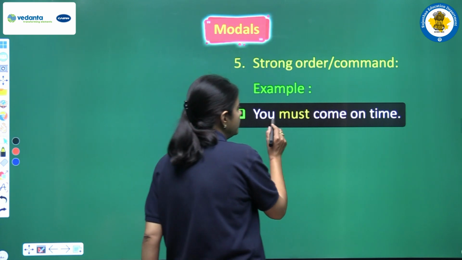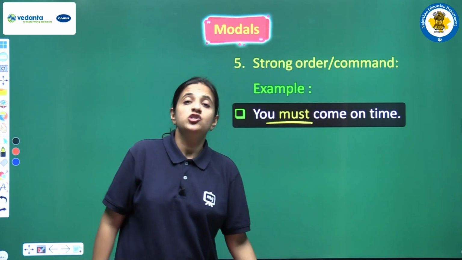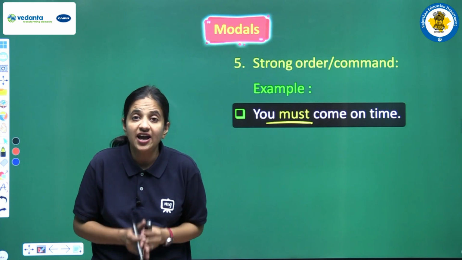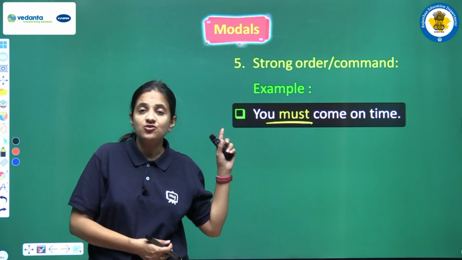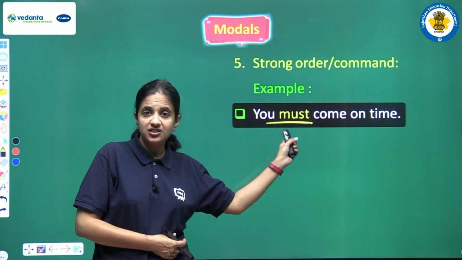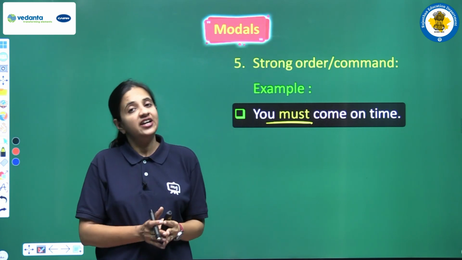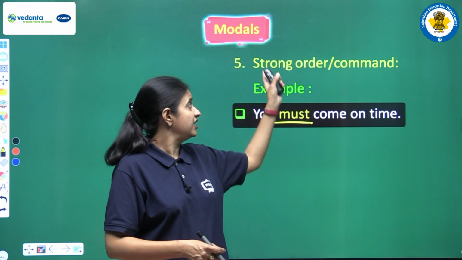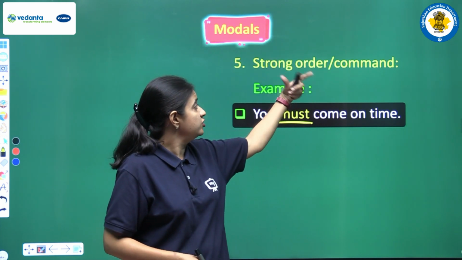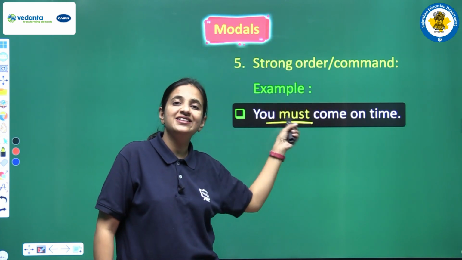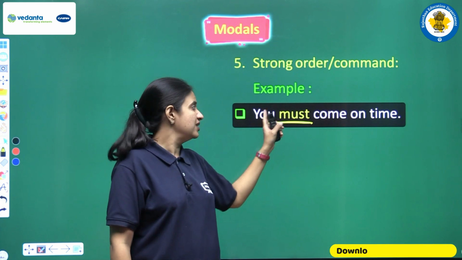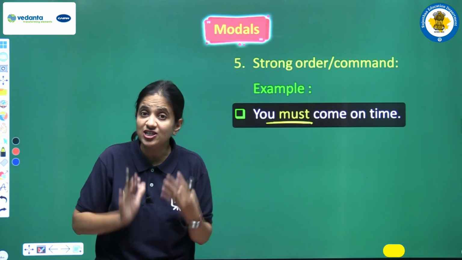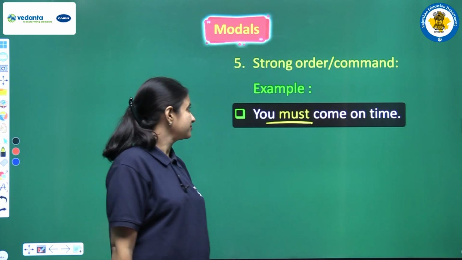If we are telling someone that you must come on time, it means that if he won't come on time, then he has to face the result, because we are saying this using must, so it again shows compulsion, it shows a very strong order, right? So with the help of must we can show strong order, strong command. Here if we use must, it means that person has no other option, he has to come on time, right?